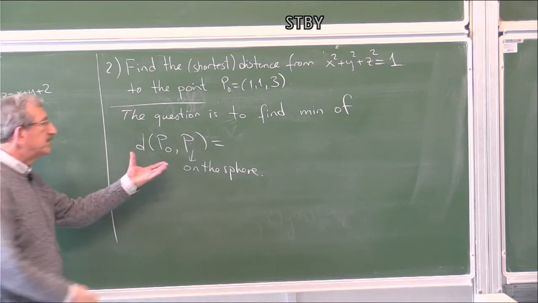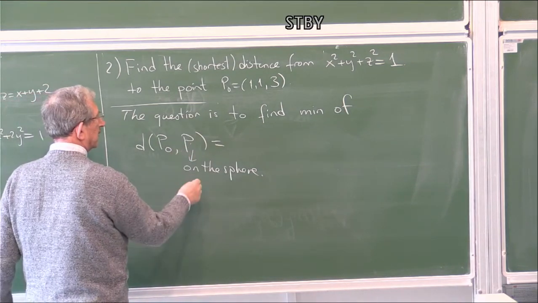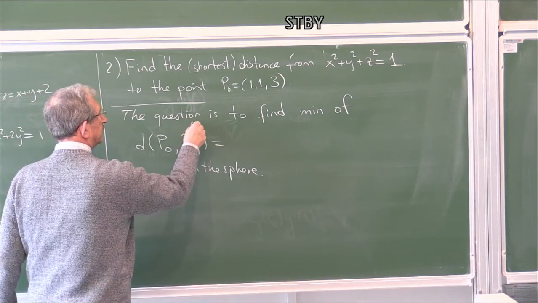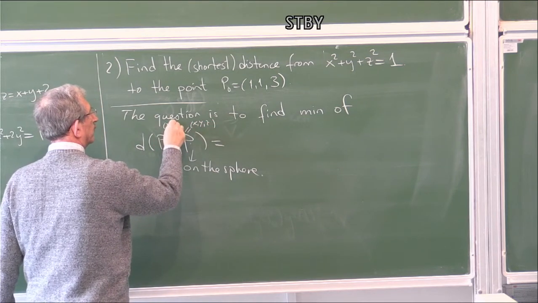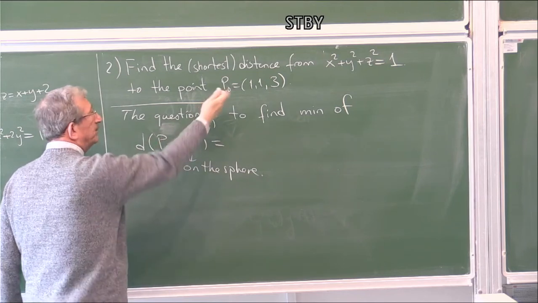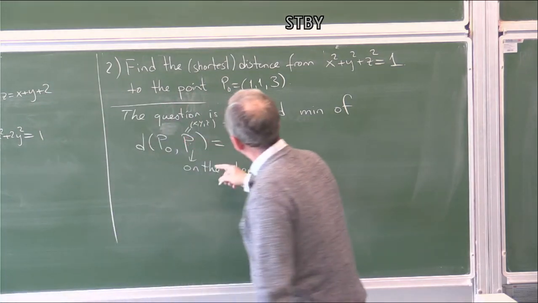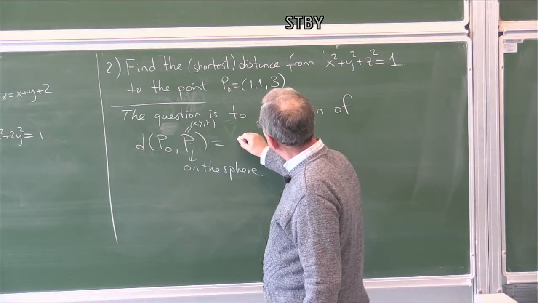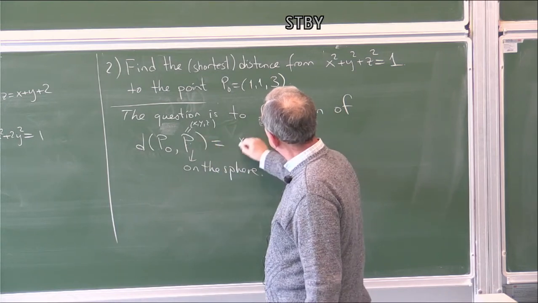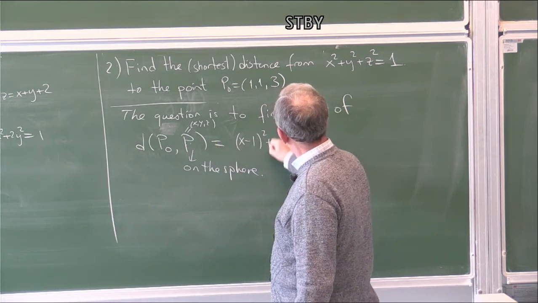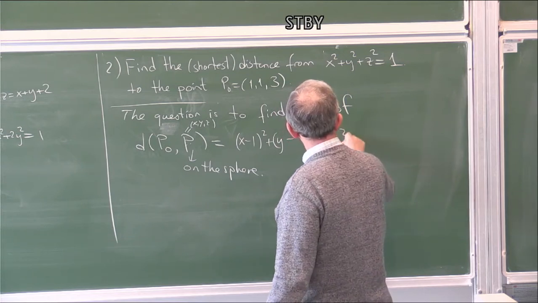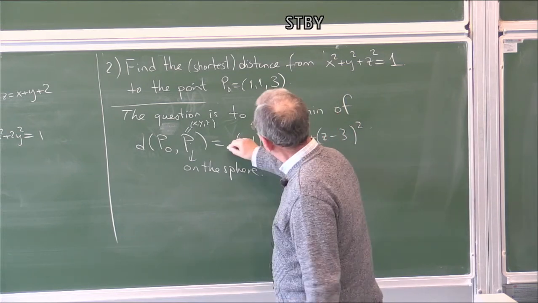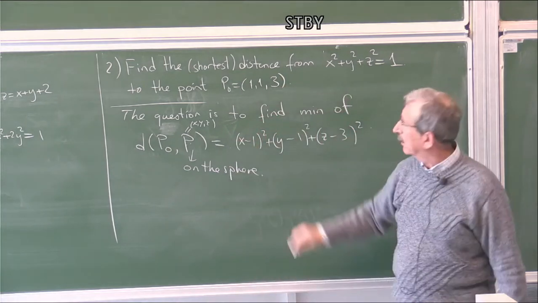What is this distance if we call this point x, y, z, and this x0, y0, z0? We know what P0 is. So this is actually the square root of x minus 1 squared, plus y minus 1 squared, plus z minus 3 squared.